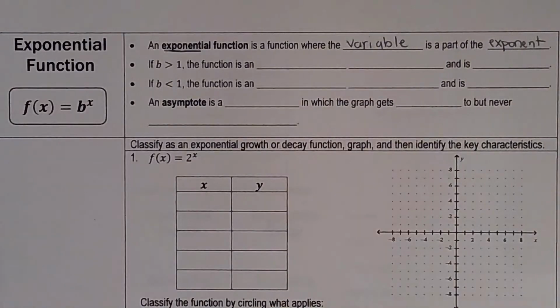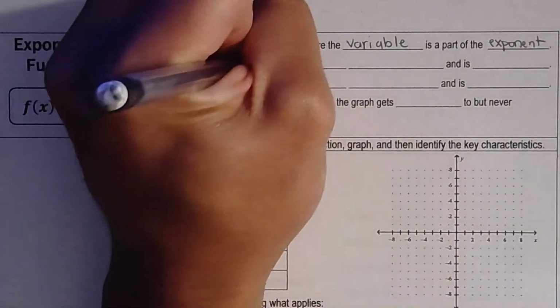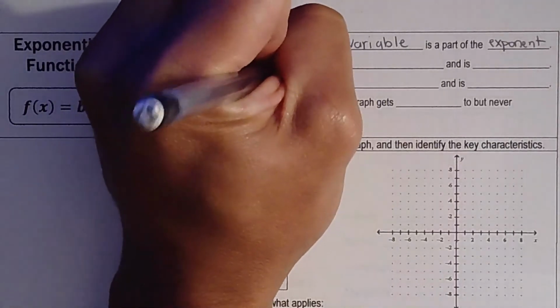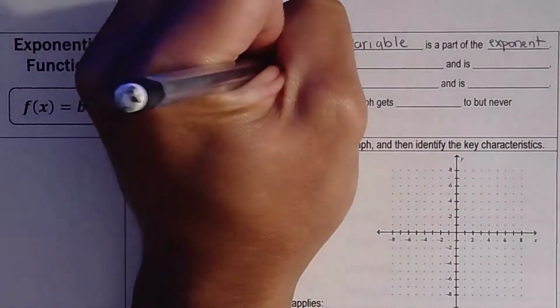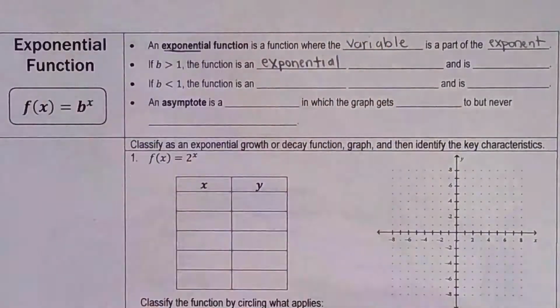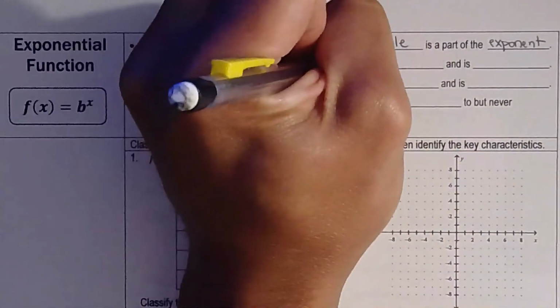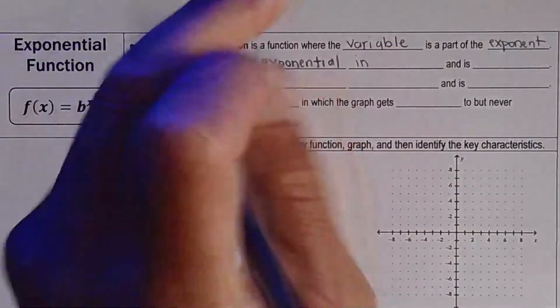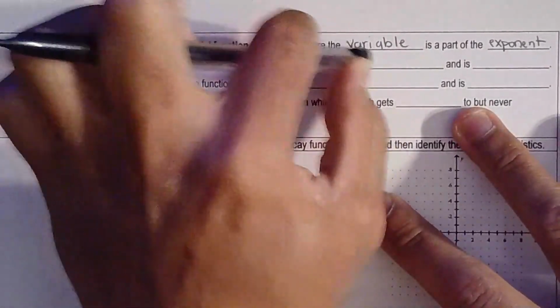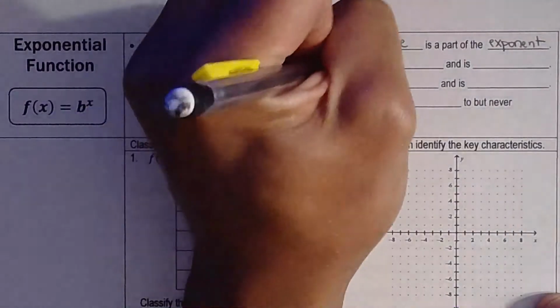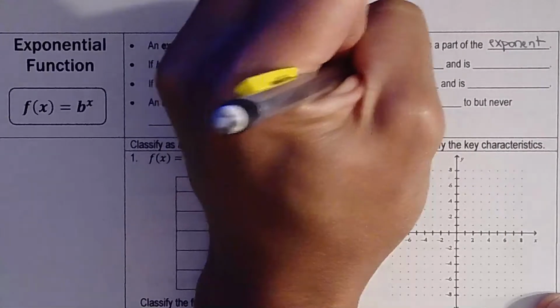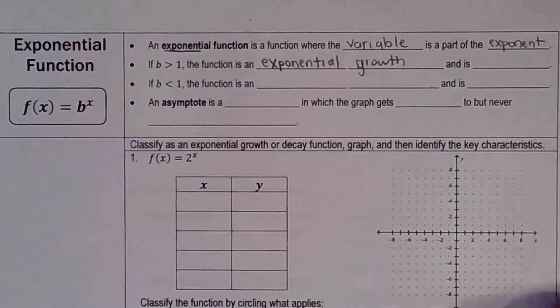If b is greater than 1, the function is an exponential growth, and is increasing.